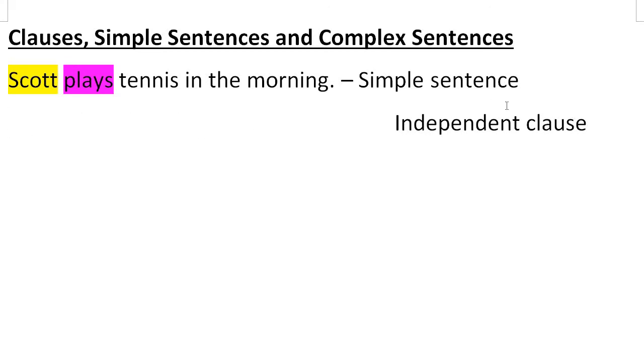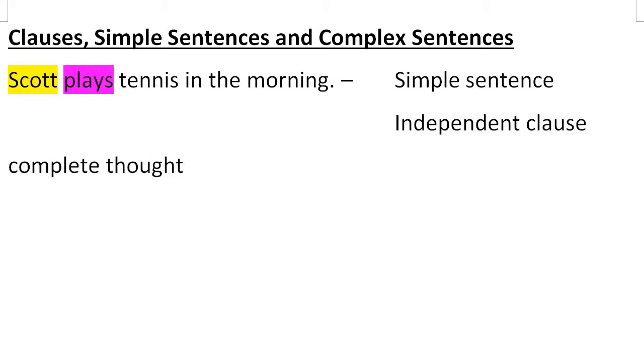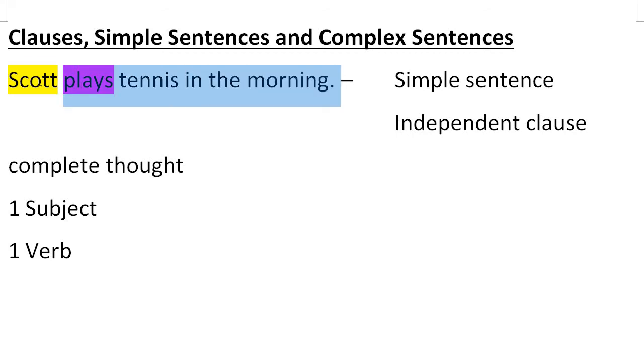That means that this right here is a complete thought. It has one subject and it has one verb. You can see there Scott is the subject. We've done subject and object before. So object and verb, right? Scott is our subject, plays is our verb. It's one complete thought.